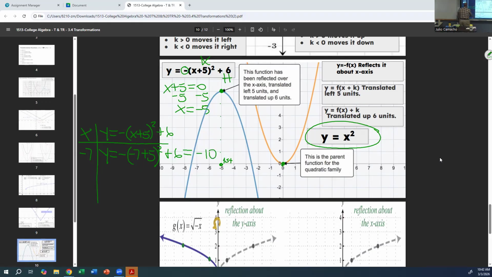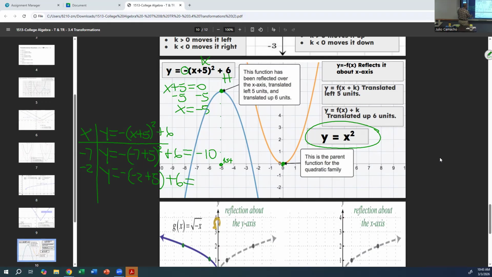So y is equal to negative, and then you have -2 plus 5 plus 6. So -2 plus 5 is +3. +3 plus 6 is 9. Would you not square it still?